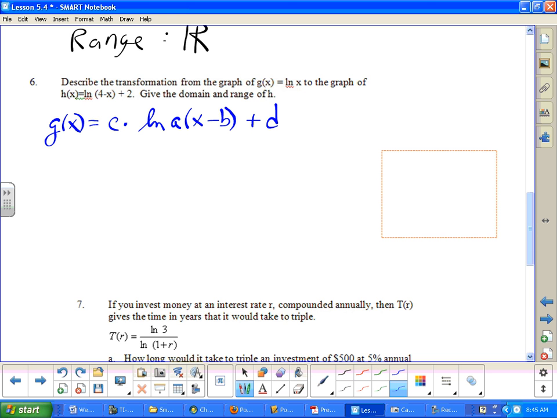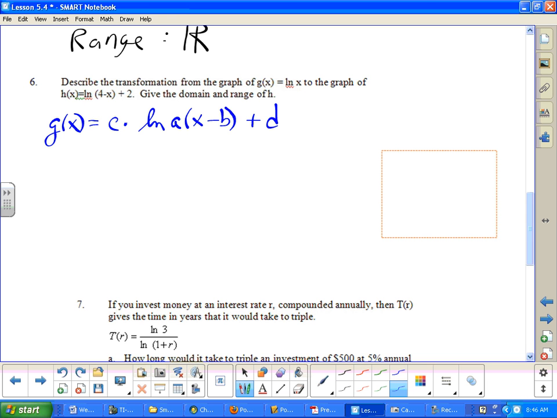Instead of a general function, it's the natural log function. It has to be written in that form. Is the original, natural log of 4 minus x plus 2, in that form? What's wrong with it, Caleb? The 4 minus x is supposed to be x minus 4, or in that order.